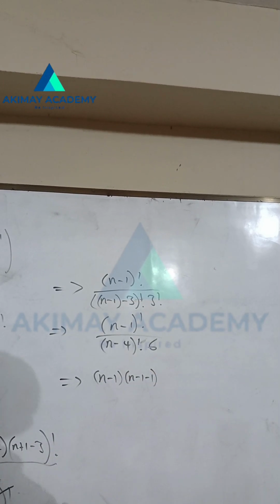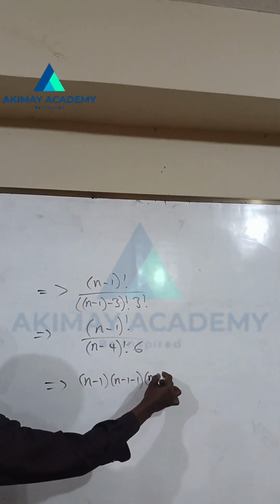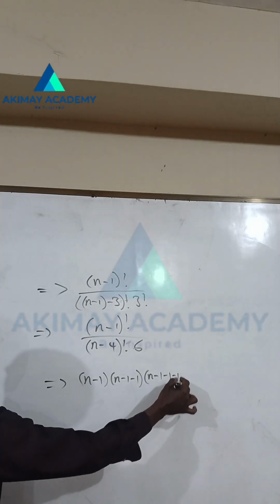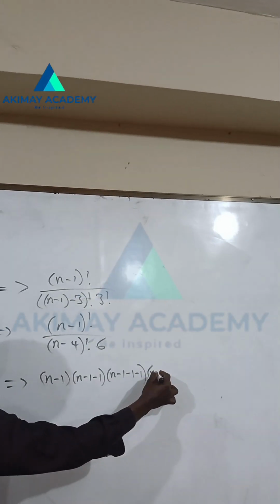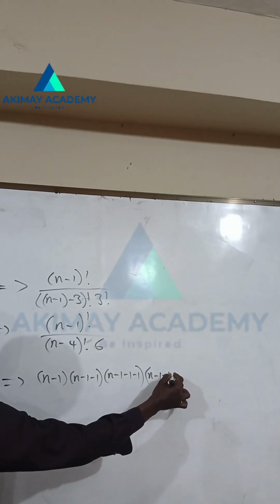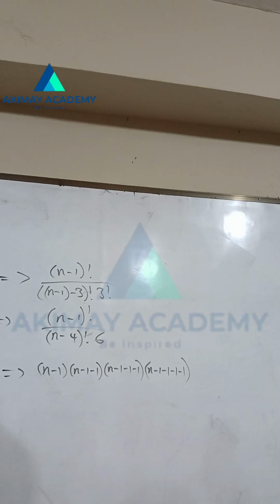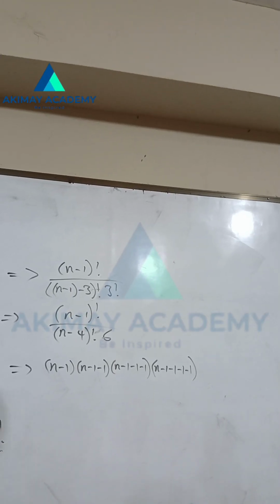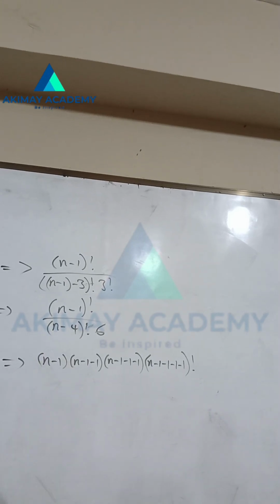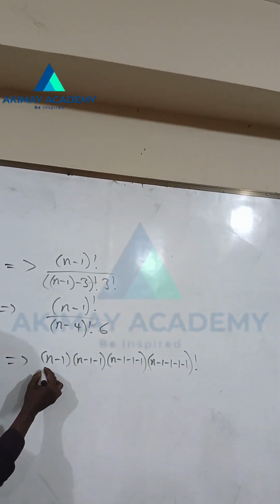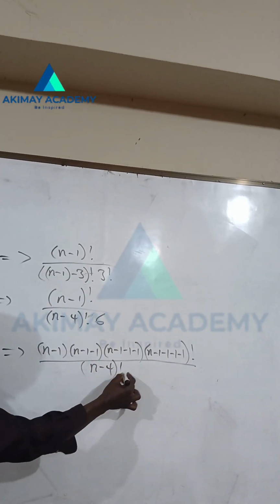I hope you remember. So we have multiplying n minus 1 minus 1 minus 1, right? Then we'll be having n minus 1 minus 1 minus 1 minus 1. Okay, that's what we are getting. And we are stopping here because it will coincide with the denominator over here. And everything out of n minus 4 all factorial 6.